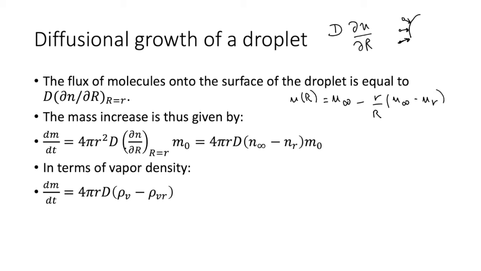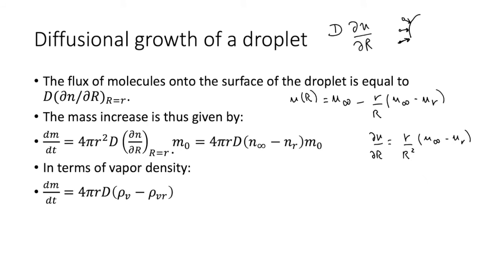Okay, just take the derivative with respect to r. So dn over dr, this is r squared. The minus cancels out. Okay, n infinity minus n of r.